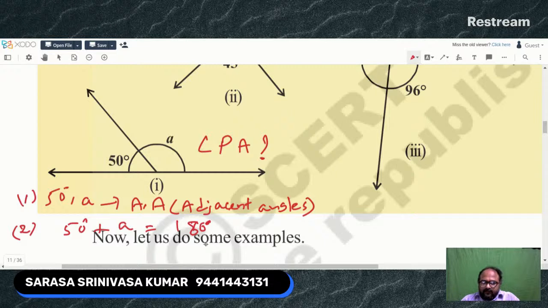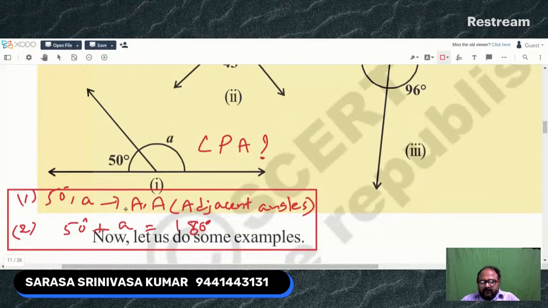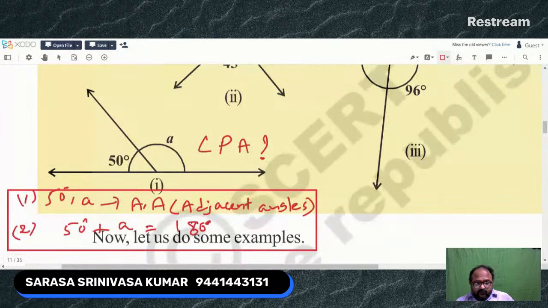Using this axiom, you can find the value of A. Students can respond. Now 50 degrees plus A equal to 180 degrees. Then what is A? If the sum of these two angles is equal to 180 degrees, can you find this angle A?